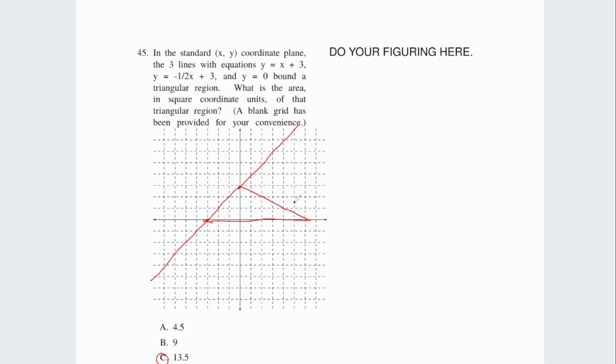We can say, okay, what is the x-intercept of some of these? When y equals 0, what do these equations equal?